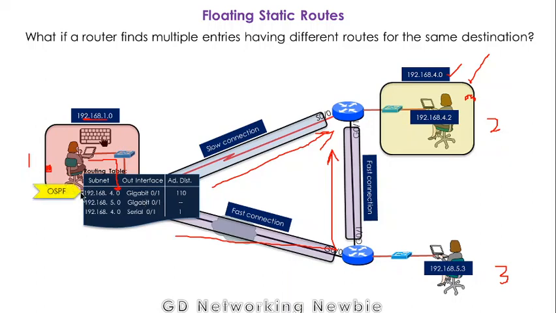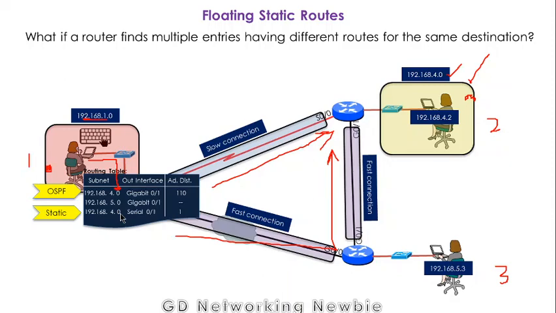These routes may come from a dynamic routing protocol like OSPF, Open Shortest Path First. So this is a routing protocol, and this entry is given by this routing protocol. The second entry is the entry which we have configured in the router.